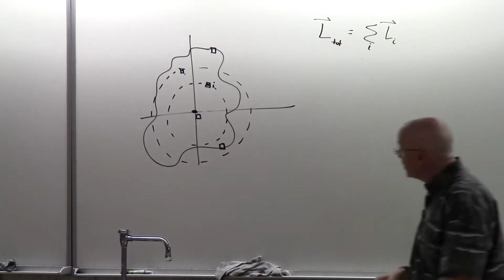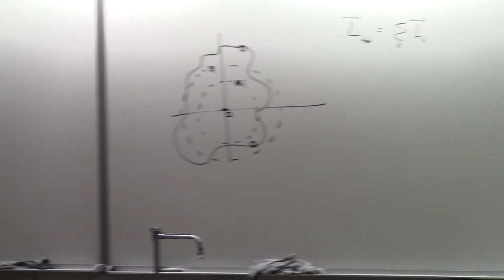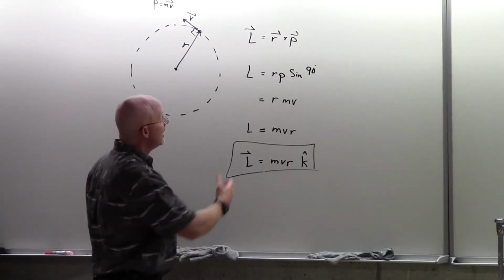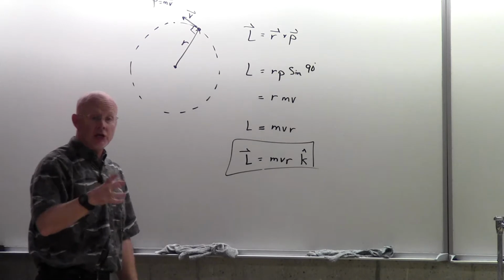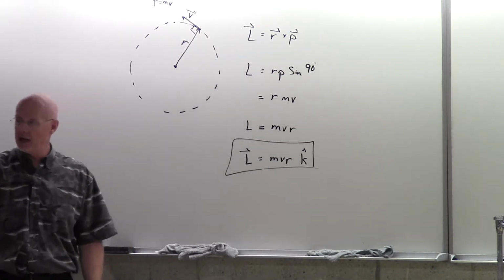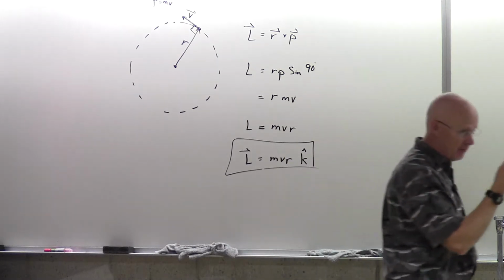And of course, the ones that are in close would have a different speed to them. And so a different linear momentum. They also have a different R. And because of that, they have a different angular momentum. And so each piece does not have the same angular momentum. But the whole object has a certain angular momentum.